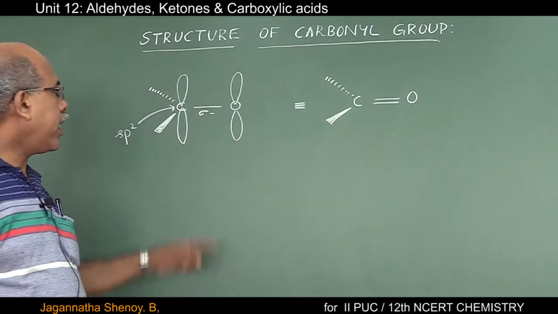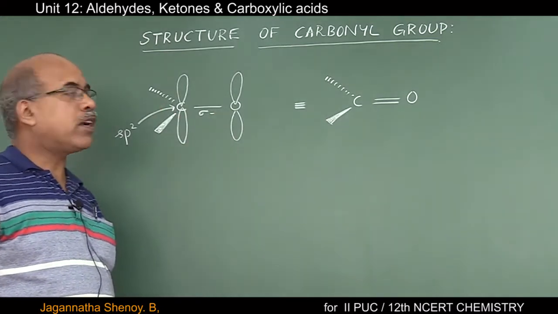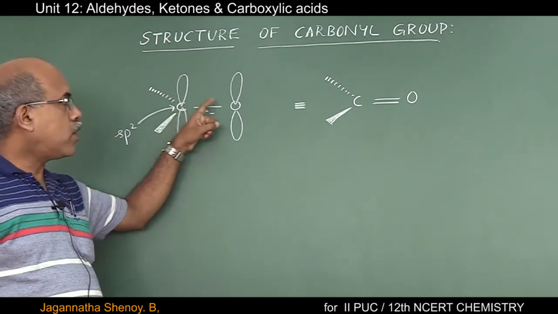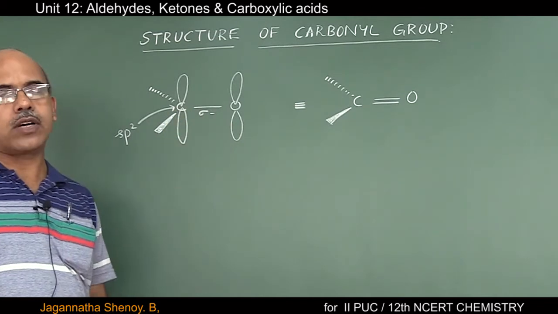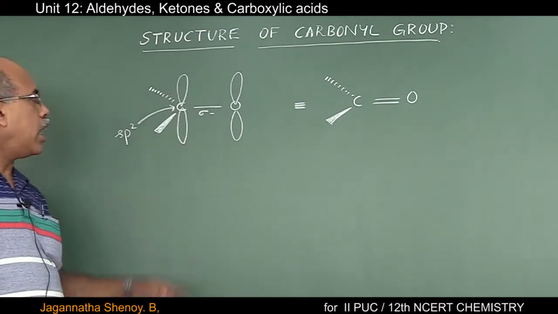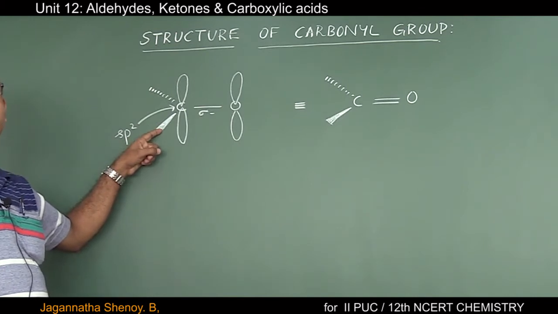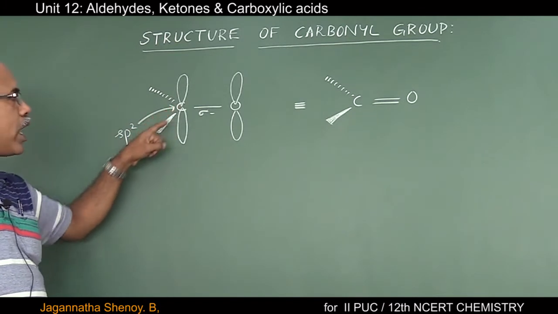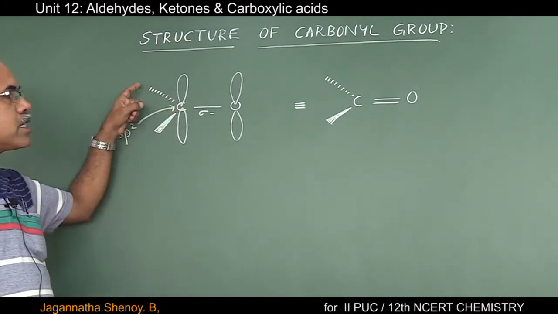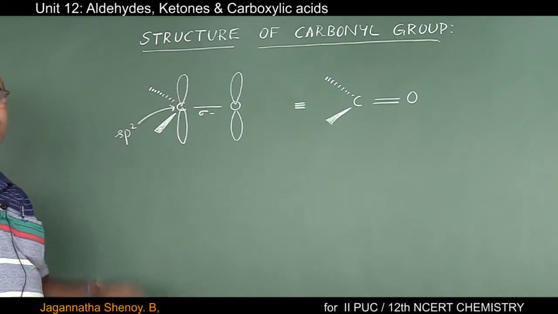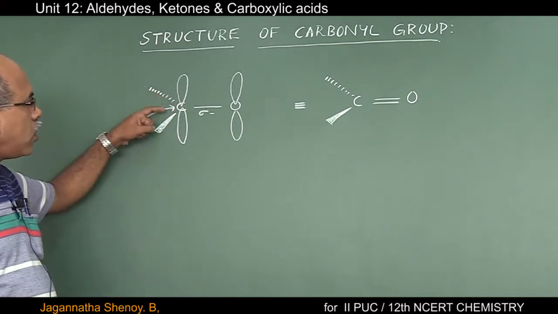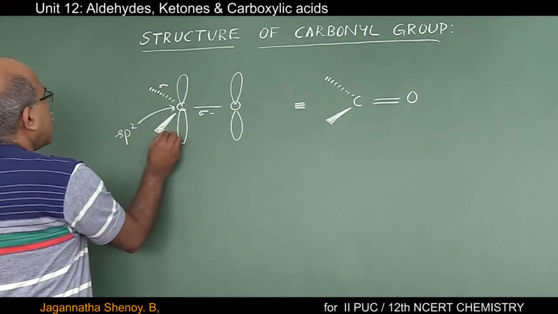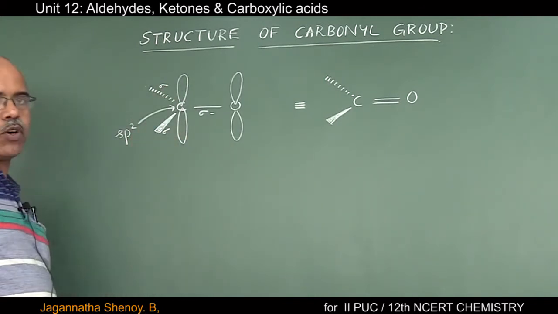How is it formed? It is formed by head-on overlapping of one of the sp2 hybrid orbitals of carbon with the p orbital of oxygen. Same way, the remaining 2 sp2 hybrid orbitals of the carbonyl carbon will undergo head-on overlapping with the orbitals of the carbon atoms of the groups, resulting in the formation of sigma bonds. So here again, this has to be a sigma bond, and this is also a sigma bond.